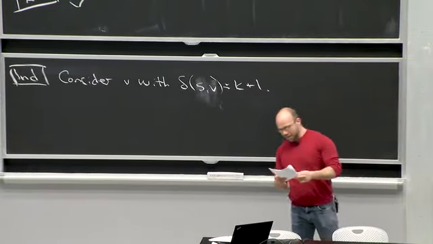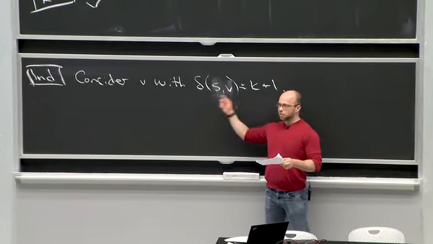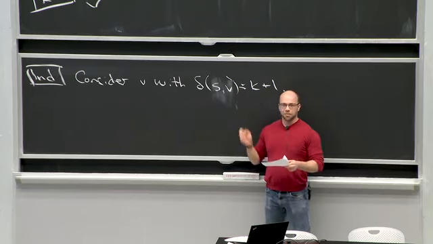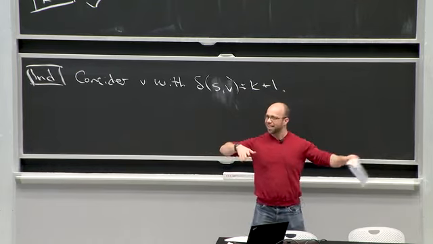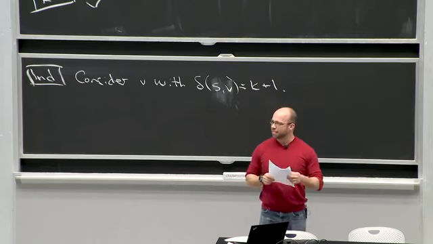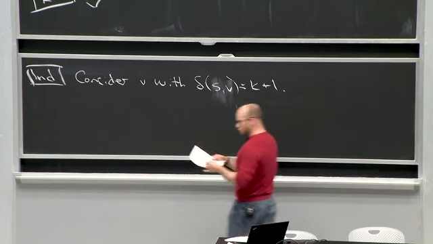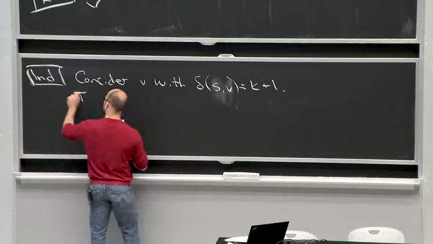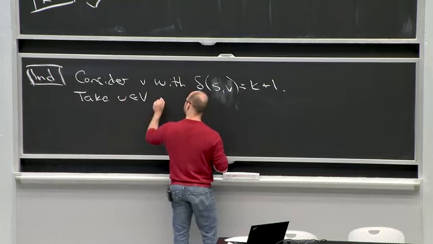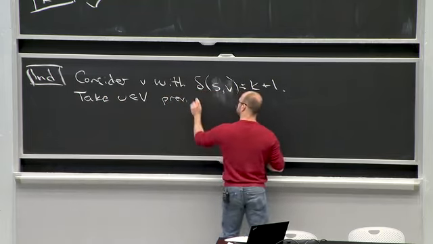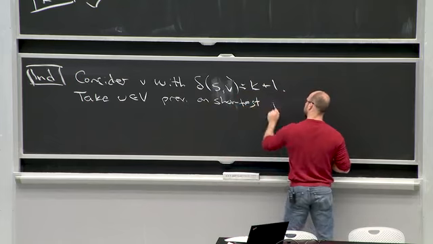Okay, so now what can we do? Well, there's this distance here, so in particular, there's some shortest path from S to V. So remember our argument last time, right? That essentially, when we look at a shortest path and we truncate by 1, it's still a shortest path. That property doesn't matter so much here, but at least we know that there's another vertex on the path, which is a distance 1 less away. So let's take U, which is also a vertex, to be the previous node on the shortest path from S to V, right?